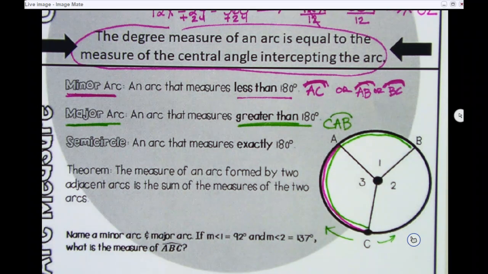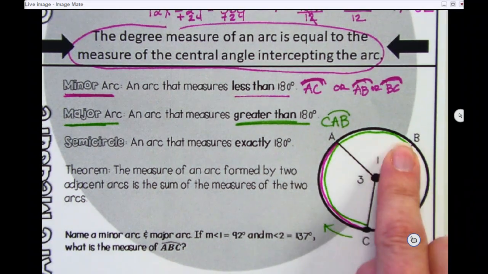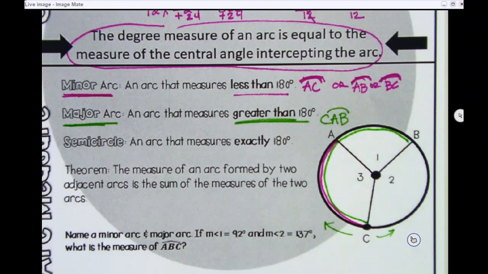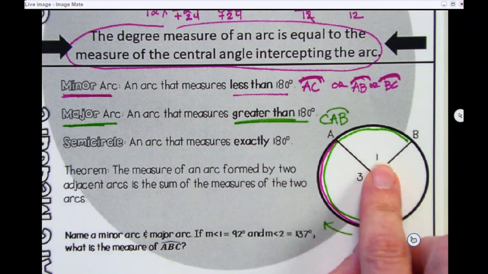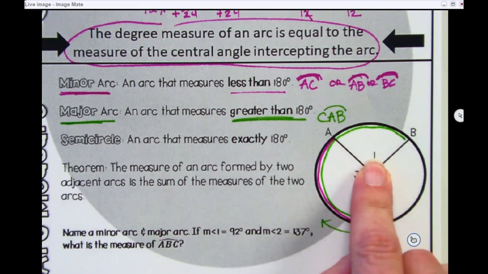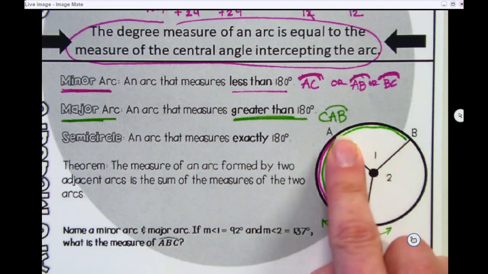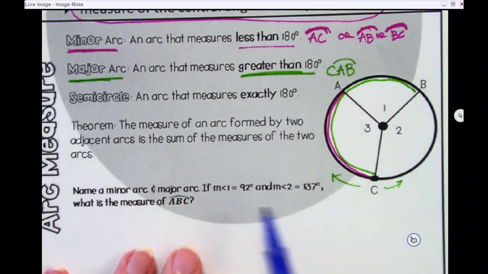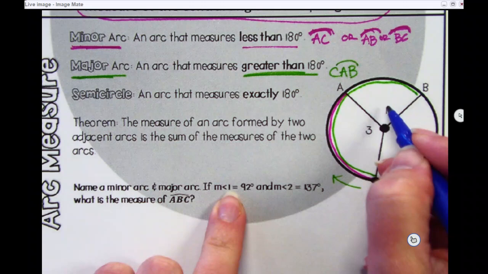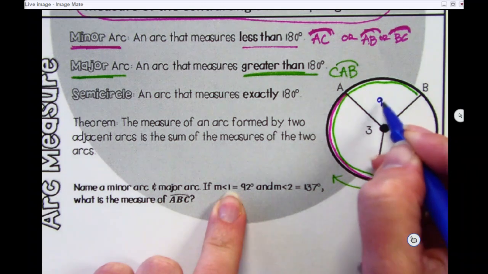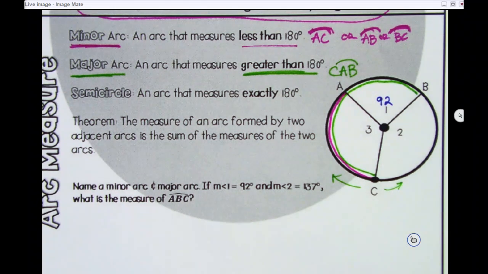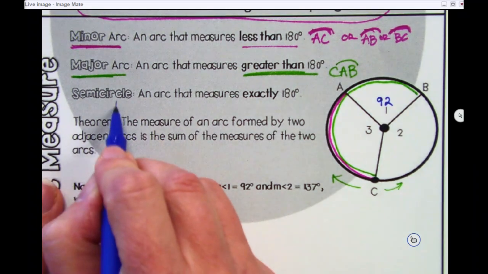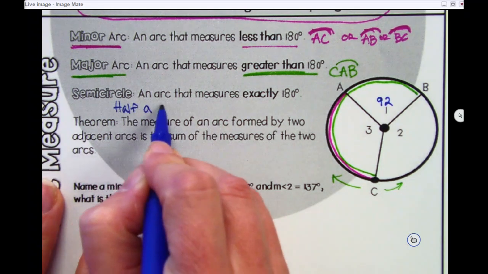The degree measure of an arc is equal to the measure of the central angle. So the measure of one is the same measure of the arc. I'll show you what I mean. Name a major arc and a minor arc. We did that. What's a semicircle? A semicircle is half a circle, so if you need to put that down, half a circle.